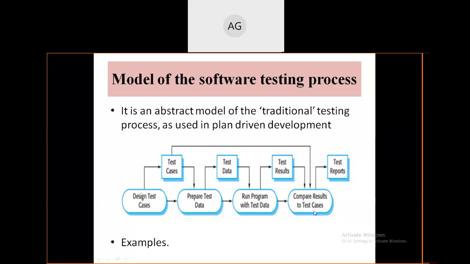Before sending the data, in the test cases you can predict what exactly your expected output will be. Almost all of you know. Suppose you are writing any program, before that you can predict how exactly the output will be displayed after writing this type of code.